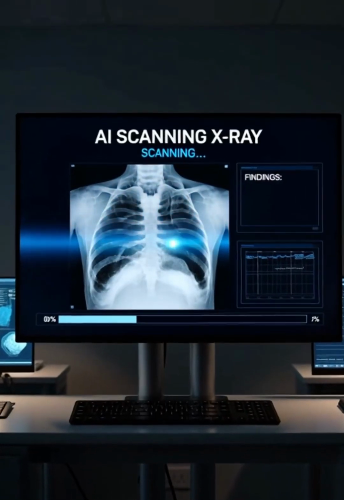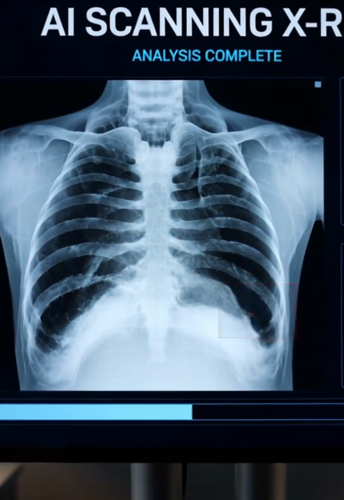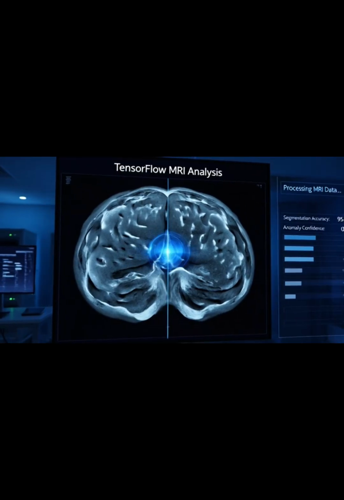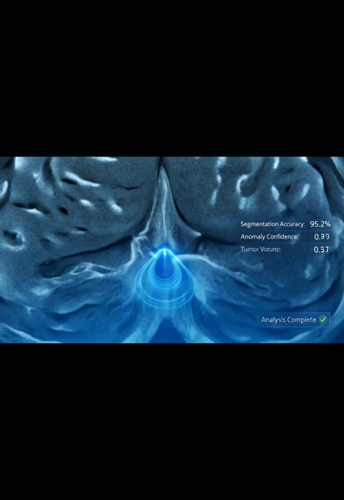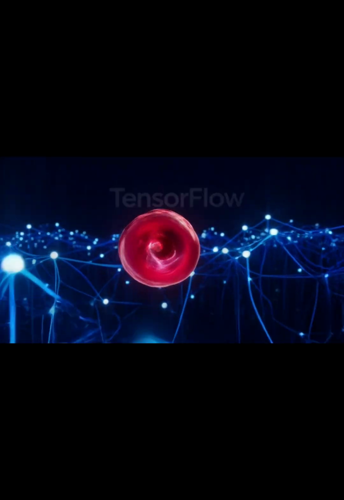TensorFlow is widely used for medical diagnosis tasks, especially in medical imaging, detecting diseases from X-rays, MRIs, CT scans, ultrasounds, retinal photos, blood smears, and more.